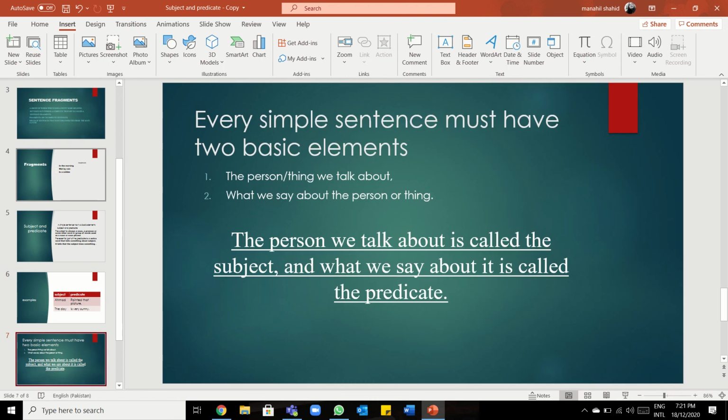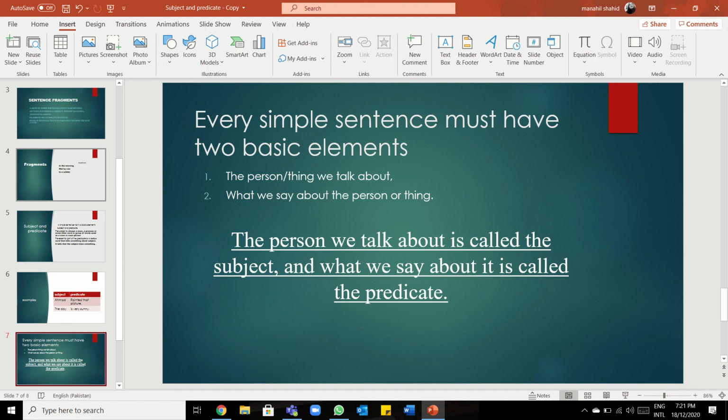Now, every simple sentence must have two basic elements: the person or thing we talk about, and what we say about the person or thing.